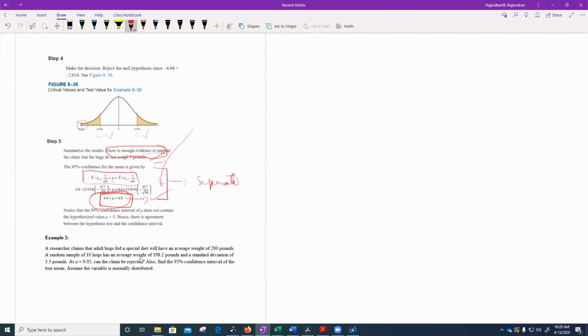So this is correct. Notice that the 95 percent confidence interval for mu does not contain the hypothesized value mu equals 5. Hence, agreement is there between my hypothesis and the confidence interval. So you have to make sure that you are finalizing your confidence interval with the decision of your hypothesis. That makes sense?